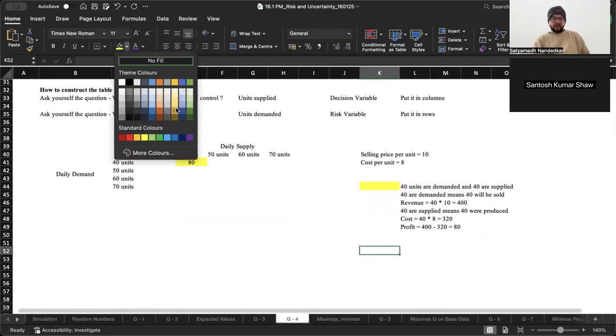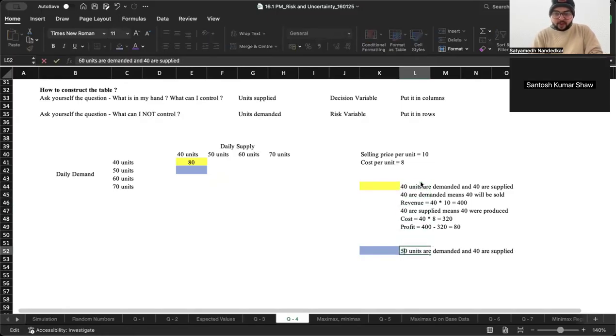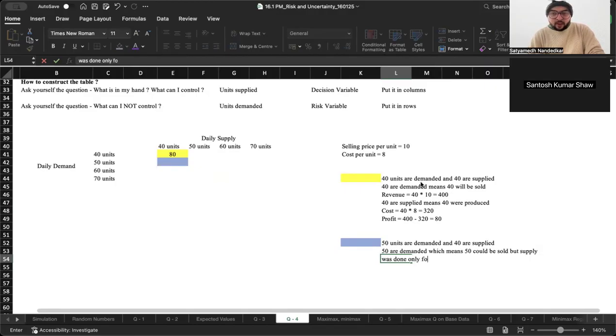Ab, let's pick the next scenario, which is 40 units are supplied. Sorry, 50 units are demanded and 40 units are supplied. Okay, so 50 are demanded, which means 50 could be sold, but supply was done only for 40 units.